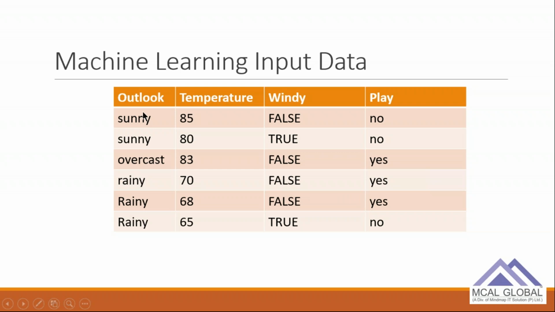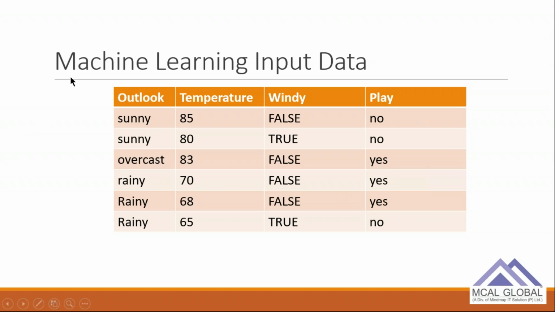For example, you want to see the outlook of the weather, what the temperature is, and whether it is windy or not, and you want to predict whether you want to go to play or not.